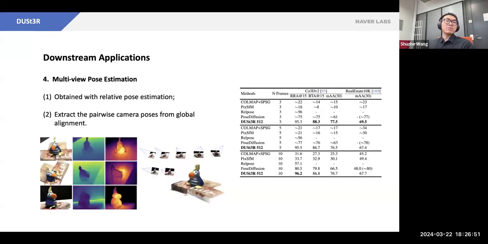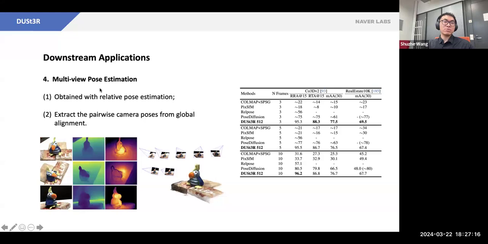Then we have the multi-view pose estimation. The method which was very popular last year is from PoseDiffusion. We also have two ways to extract the multi-view camera poses.